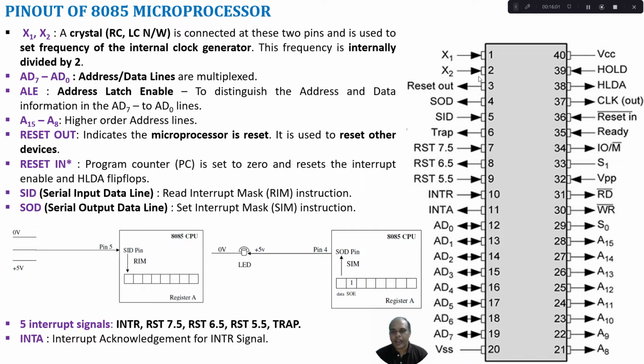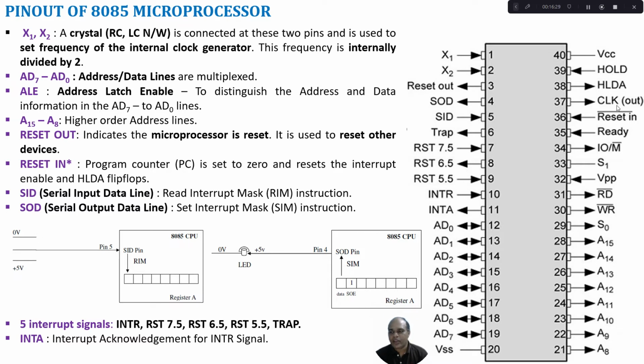So then we have this reset out. So the reset out signal will indicate that microprocessor is reset. It is also used to reset other devices. So it gives an indication that the microprocessor is reset. So the devices which are connected to the microprocessor can also be said to be in reset mode.